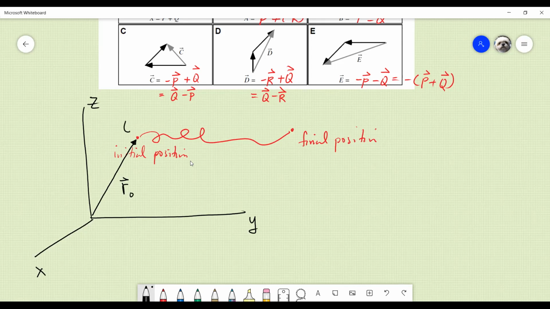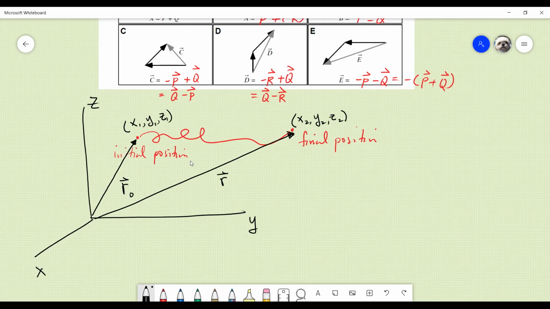Now, let's say this point represents X1, Y1, and Z1. And then another final position, we can represent it by a final position vector. We call it R. And here is X2, Y2, and Z2. Am I right?